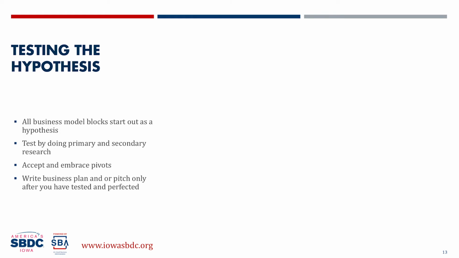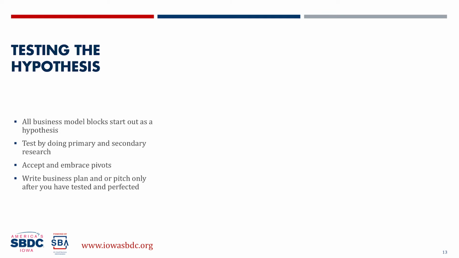You want to make sure that you accept pivots. So a lot of times you come in, if it's an invention or a creative idea or a new business or a new consulting type of business, or you're disrupting an industry, you're going to be very, very close to that and not want to make changes. It's your baby, right? And you've been doing a lot of research on developing this.